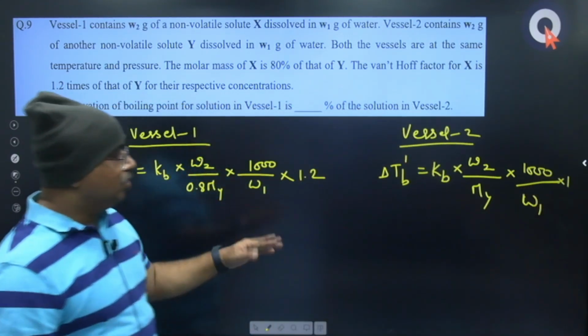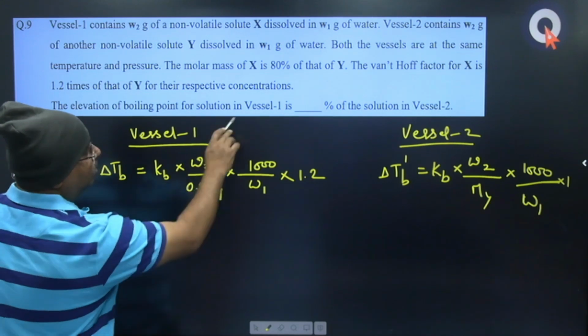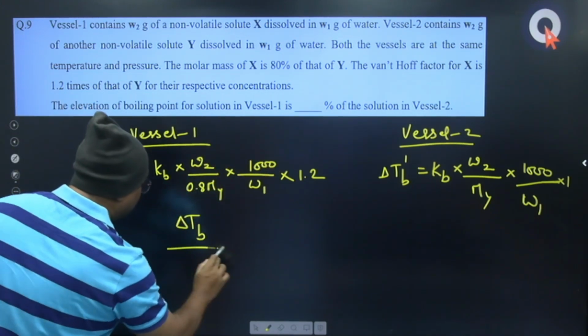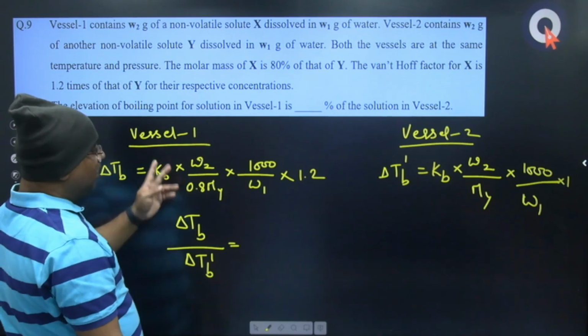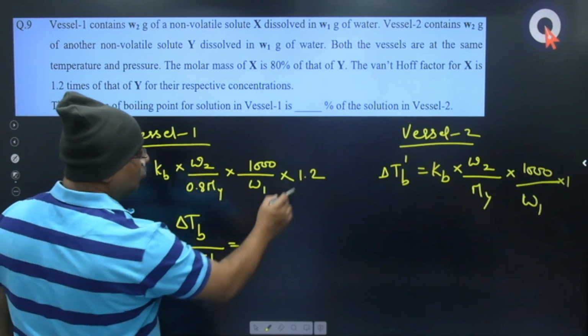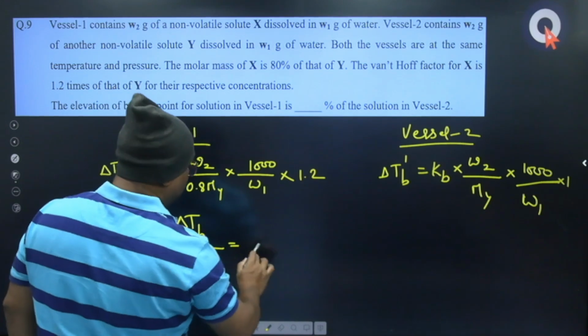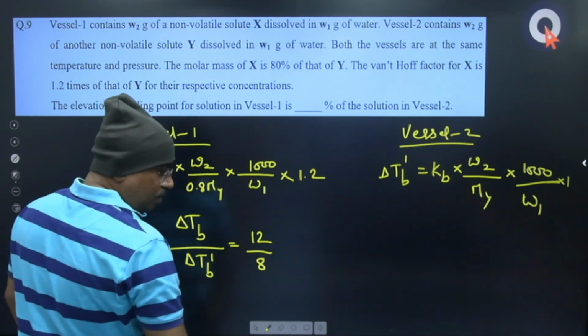Then the ratio between these two. So delta TB of vessel 1 to vessel 2 only. Delta TB by delta TB prime. KB, W1, W2, everything gets cancelled. 1000 will go. So what we are left with is only 12 by 8. That's it.